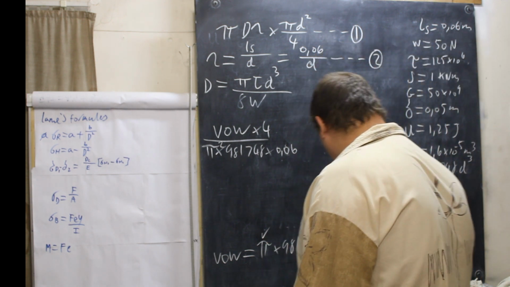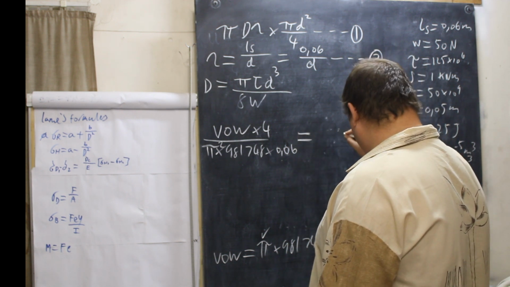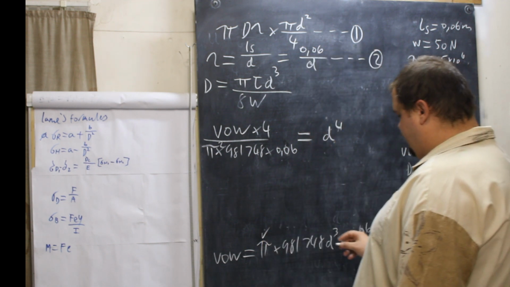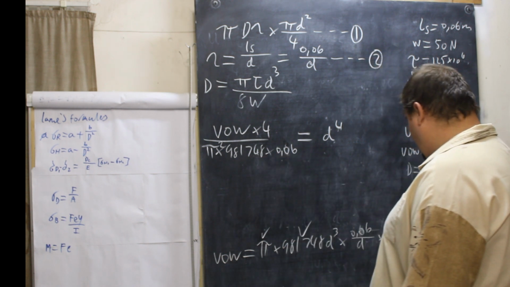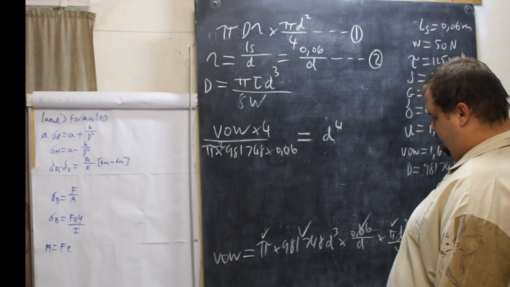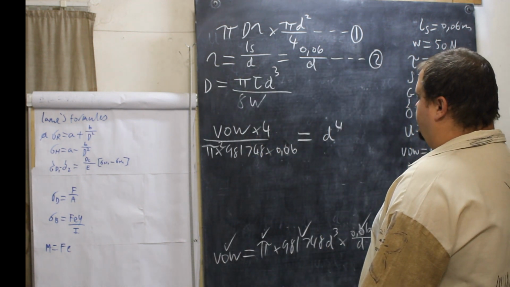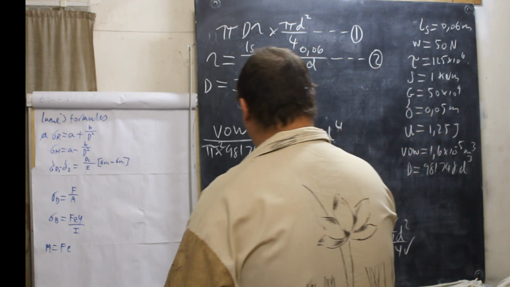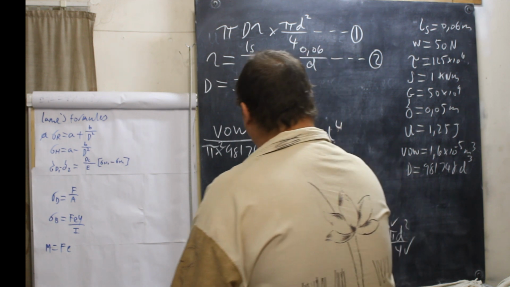So, I've done the pi's, equals d to the power 4. Because that is done. The 0,06 is done. And the 4 is done. Yes, and the volume of the wire. So, now all we have to do is just put the volume of the wire in and root everything.